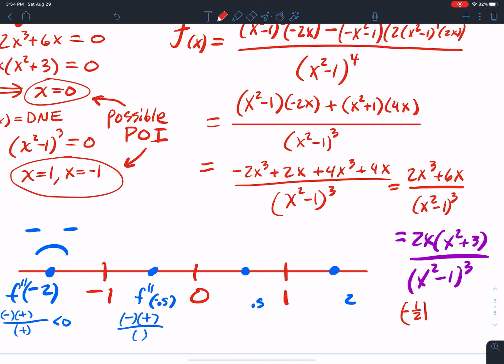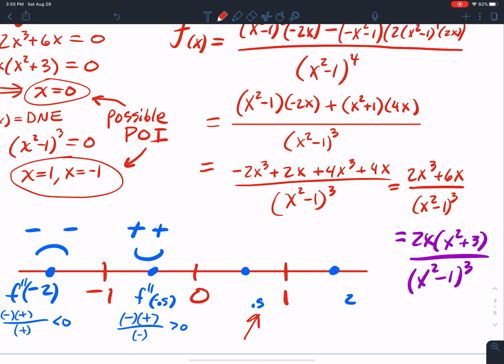Negative 1/2 squared minus 1, that's 0.25 minus 1, which is a negative something. I don't know what it is, but if I cube it, negative, negative, negative makes a negative here. We don't care so much about the numbers as much as the sign. So a negative and a negative make a positive, and a positive makes a positive. So we're concave up there.